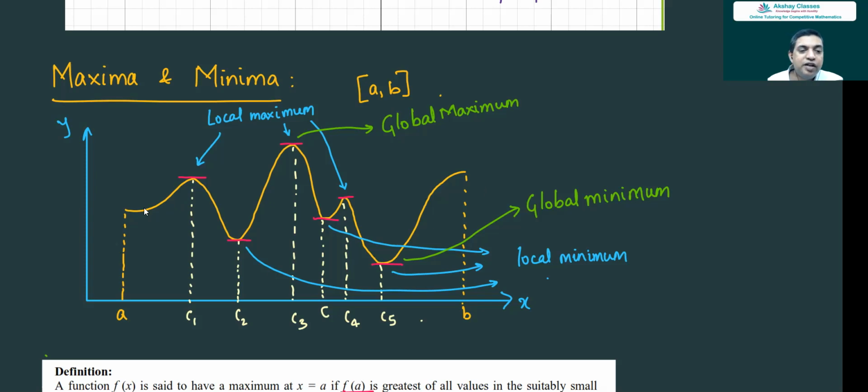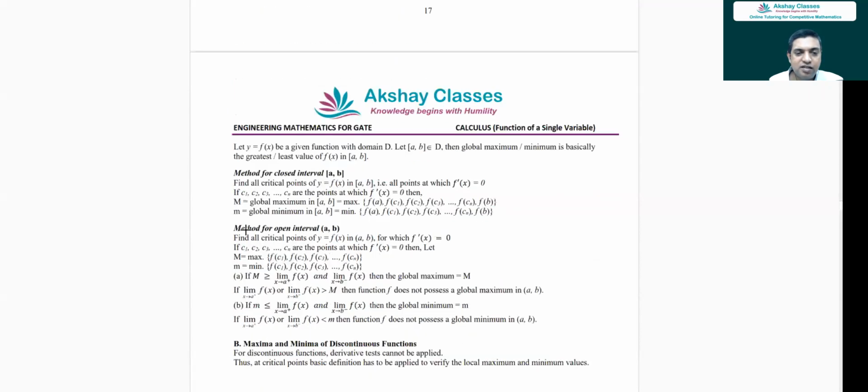So we have to take into account the boundaries also. This was just to introduce you the concept of what is local minimum and global minimum, local maximum and global maximum. Of course, I didn't give a formal definition. I'll be discussing the formal definition in the next class.